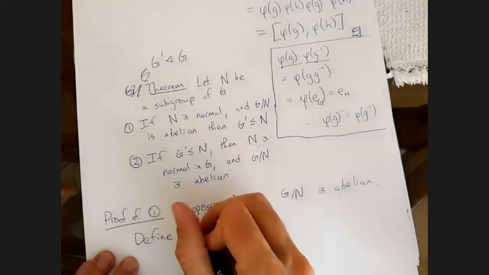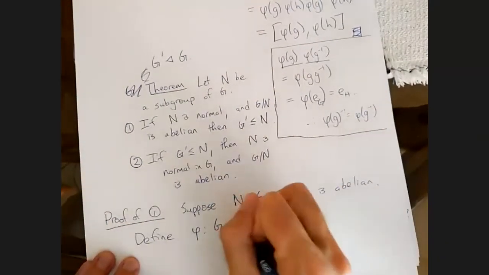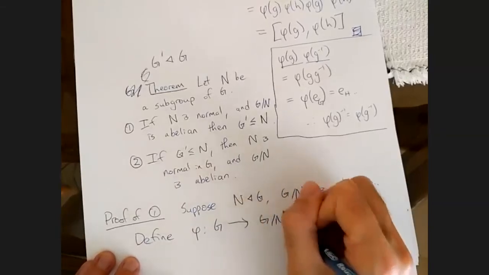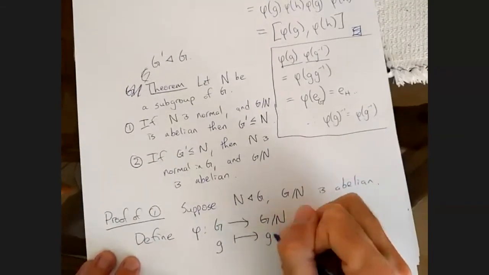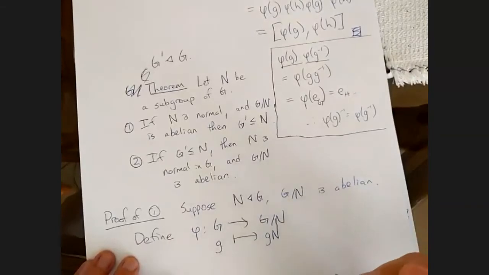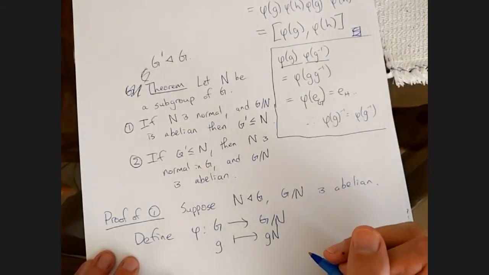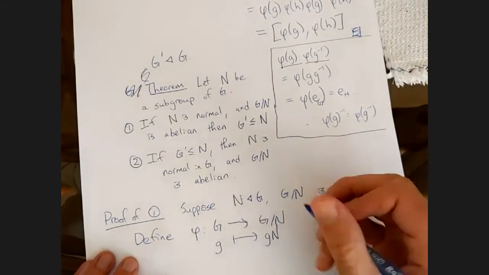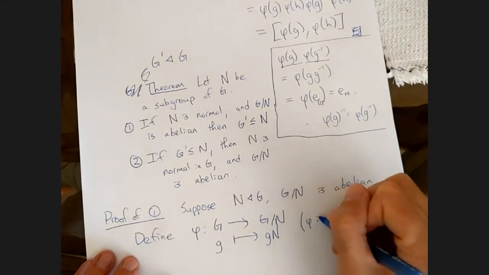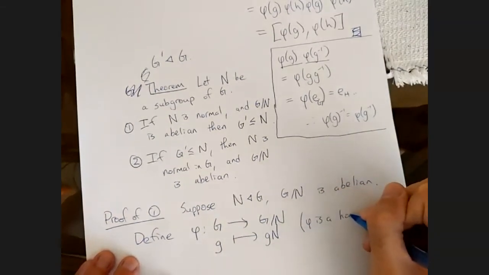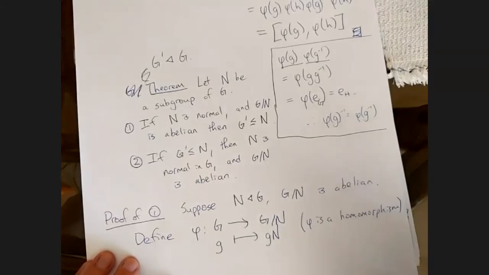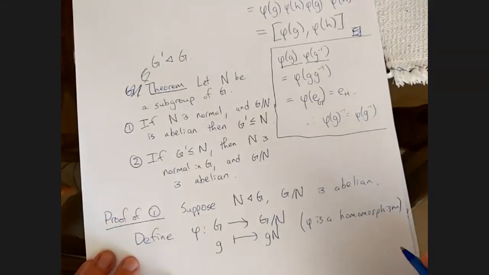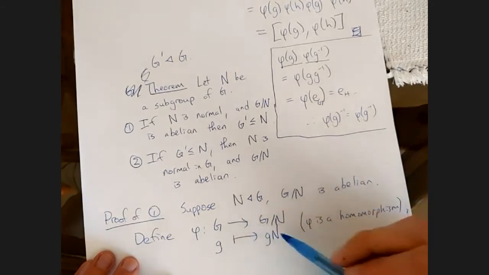Let's define a homomorphism from G to G mod N, and the homomorphism takes an element G to the coset of G. And so phi is a homomorphism. Whenever you have a normal subgroup, you have this homomorphism.